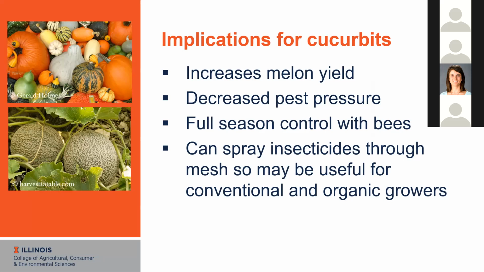And we were also able to achieve full season control with the bees. And I think the ability to scout and spray insecticides through the mesh makes this a useful tool for both conventional and organic growers. Because there's no reason if you are a conventional grower that you cannot just spray everything you were going to spray anyway through the mesh if you're using the mesh row covers, whereas you really cannot do that with the fabric row covers.